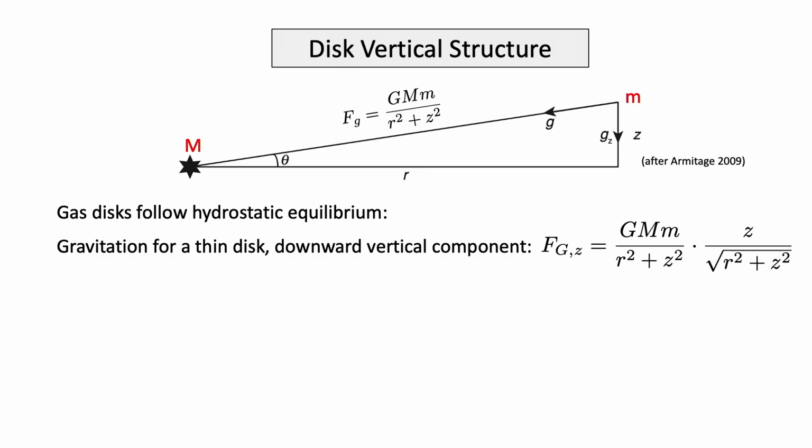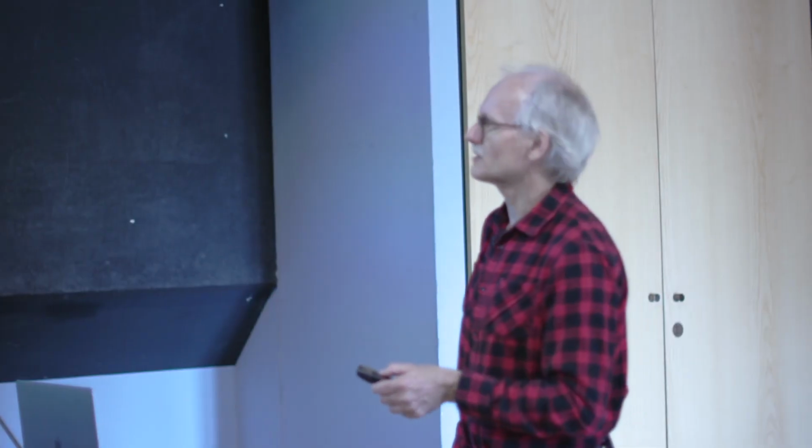And then we need only the vertical component, that is a ratio of the total force of z divided by this length, the square root of r squared plus z squared. We can do some approximations of this because z is much smaller than r. You can simplify this expression. I'm not going into this because I promised not to do mathematical derivations here. But this is easy really.